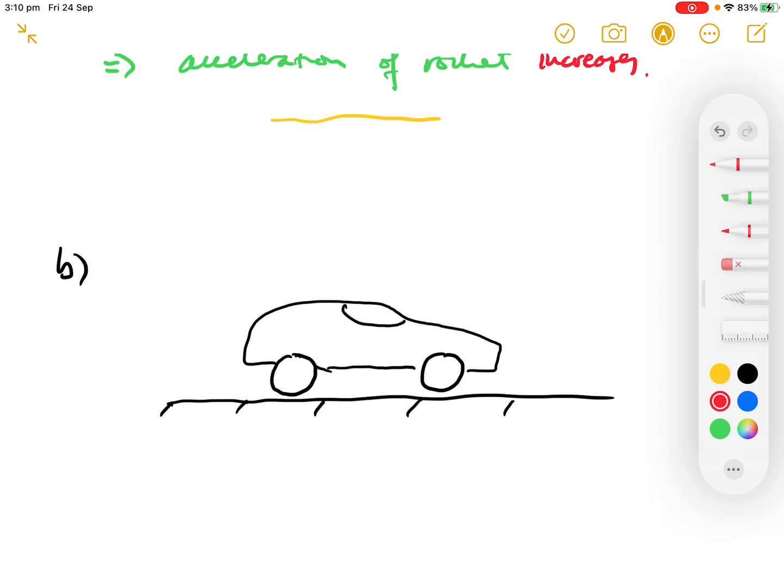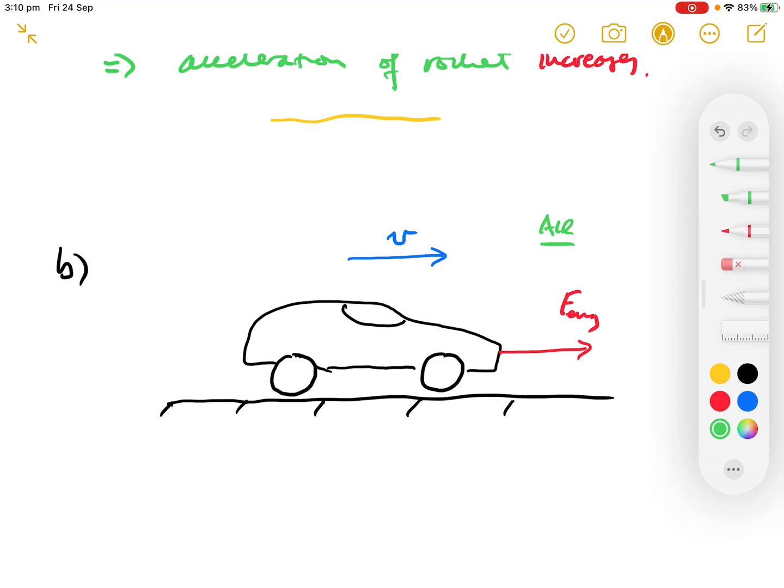Quite a good car, that one. So if you've got a car moving with a certain velocity to the right, it's going to have an engine force on it, and it's moving through the air.